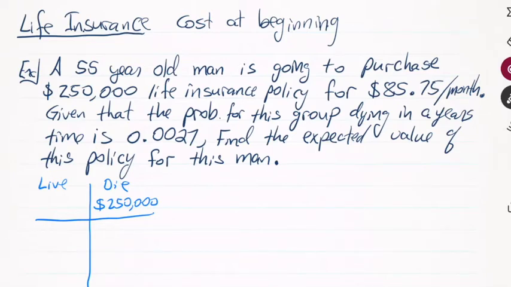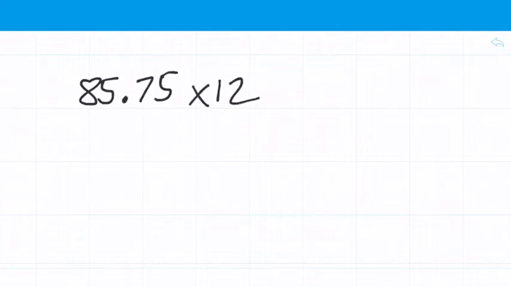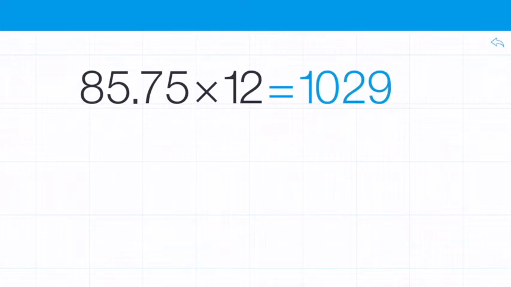So technically, that cost of the insurance policy is reducing how much money is really going to the family of the deceased. So the first thing I need to do is figure out how much this is going to cost the man for an entire year. So I need to multiply 85.75 times 12 to get the cost for the entire year. So it's $1,029.